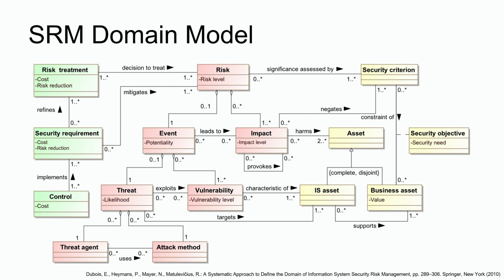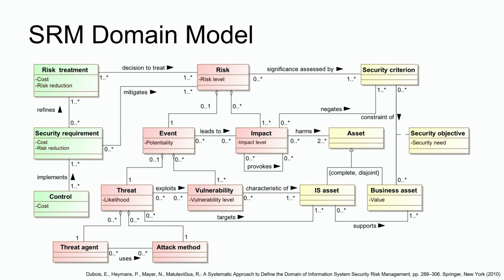The security risk management domain model addresses the security risk management process at three different conceptual levels. For example, in the perspective of assets related concepts, risk related concepts, and risk treatment related concepts.